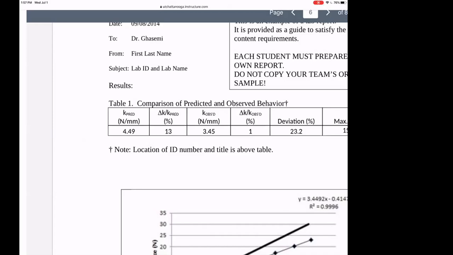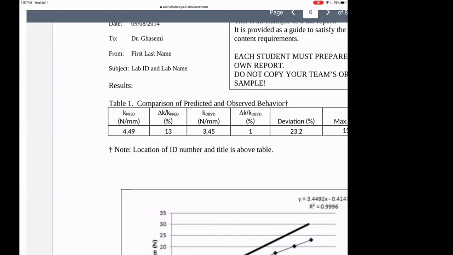Some teachers say you have to keep 3 significant digits, otherwise I'm going to deduct some grades, and I'm not going to do that. So don't worry about it. If you put 3 significant digits or 4 or 5, those are not important for me. For me, the important part is how you find that equation for K predicted and how you do sensitivity analysis.